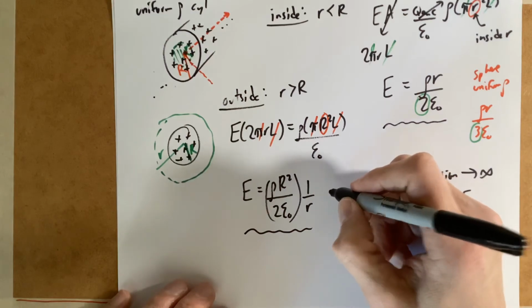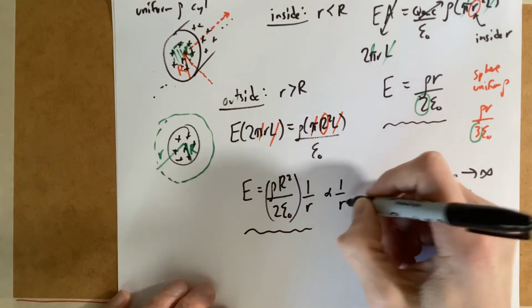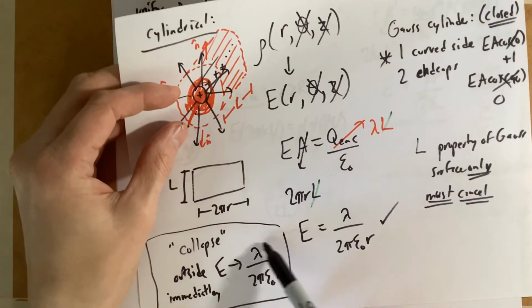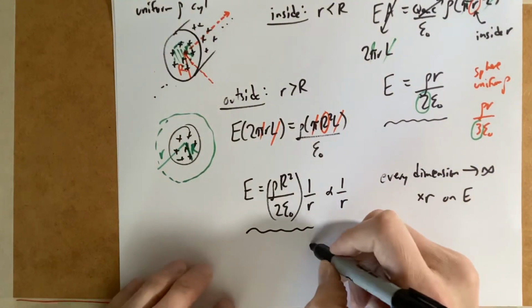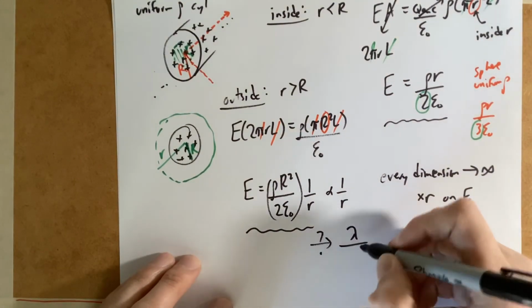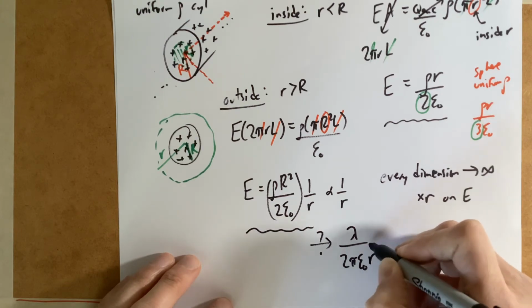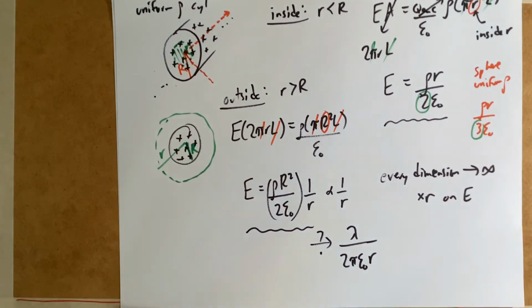Now, that's certainly proportional to 1 over r, but otherwise, it does not look anything like this. Let's rectify that. We will show that they are the same. Is that really lambda over 2 pi epsilon naught r? Yes, it is. Let me show you.